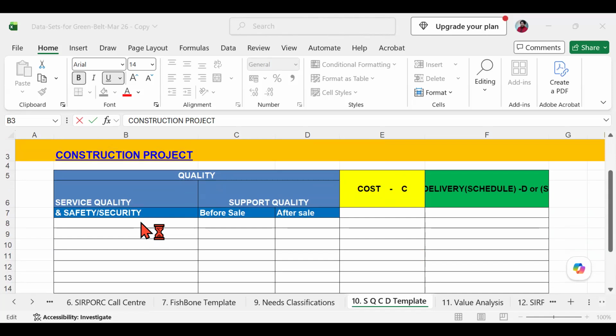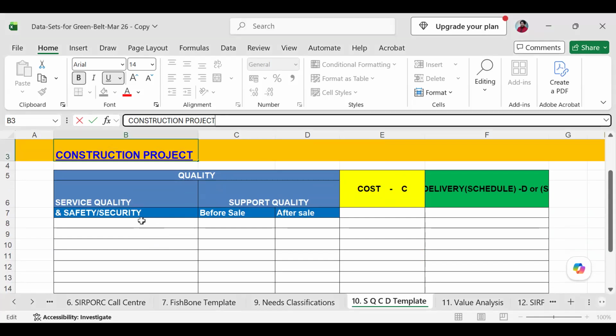Let's say you are responsible for the success of a construction project. So what would come under service quality, safety and security? That is part of quality. What would be the support quality before execution?